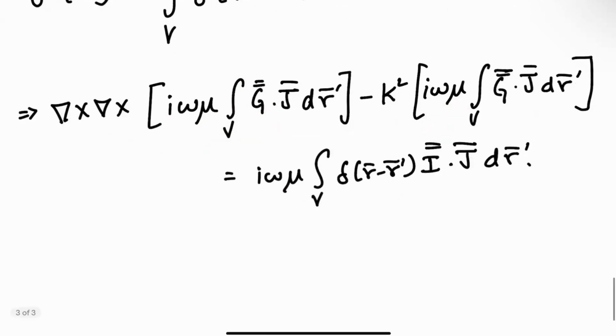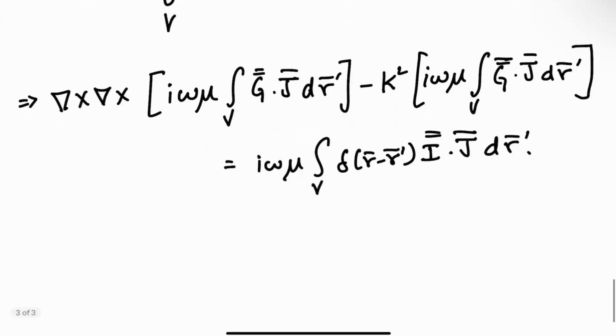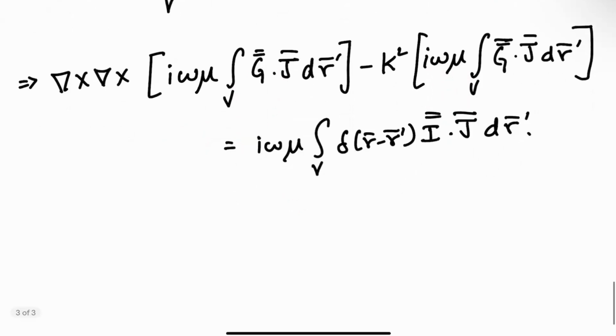Okay, so now what do we have? We have this integral equality. When R is not equal to R prime, the Green's function doesn't have any singularities, so we're not integrating over any singularities. Then we can take this del cross inside the integral, because the volume integral is over R prime, whereas the del here is over R, right?